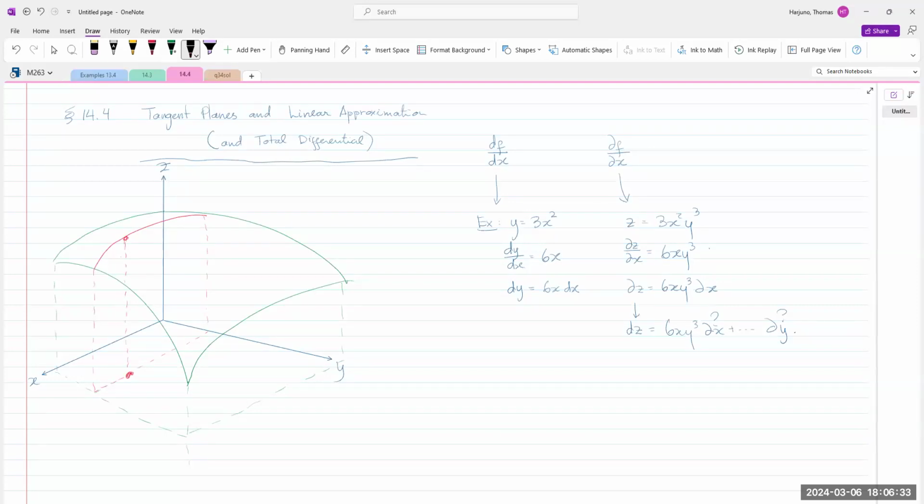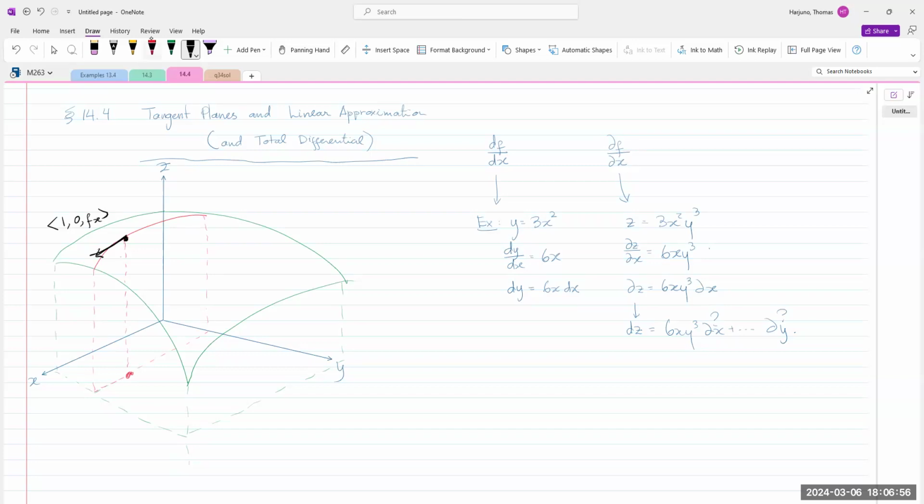Now this vector here is tangent to the surface at that point in the x direction. This vector here is 1, 0, f sub x, right? I wonder if you remember.